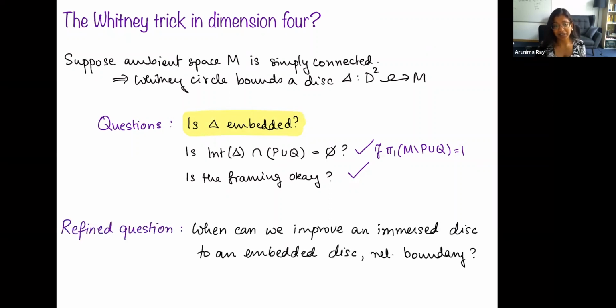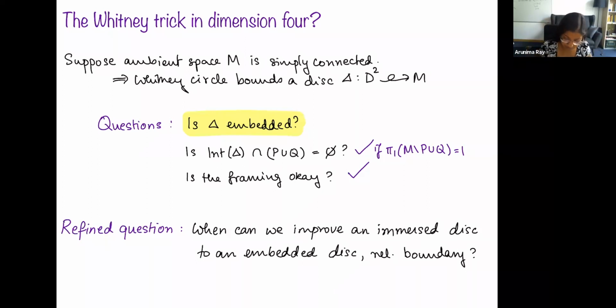And so that brings us to our refined question of, suppose I have an immersed disk, can I improve it in some way to an embedded disk? Now if you know something about three-manifold topology, this should remind you of something like Dehn's lemma. If I have an immersed disk, do I know that there's some embedded disk as well?